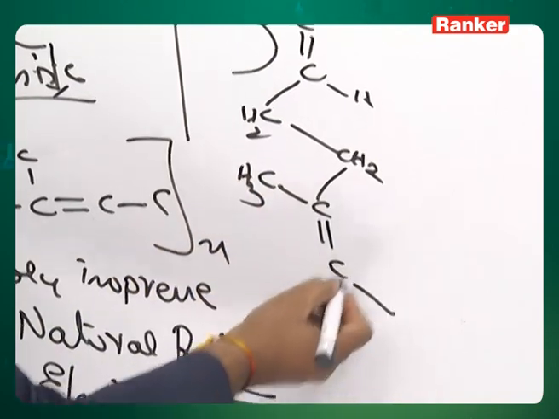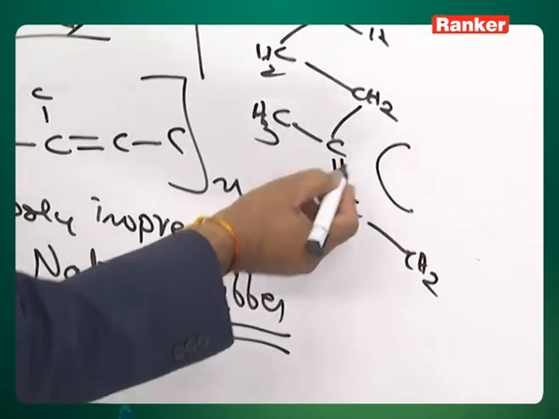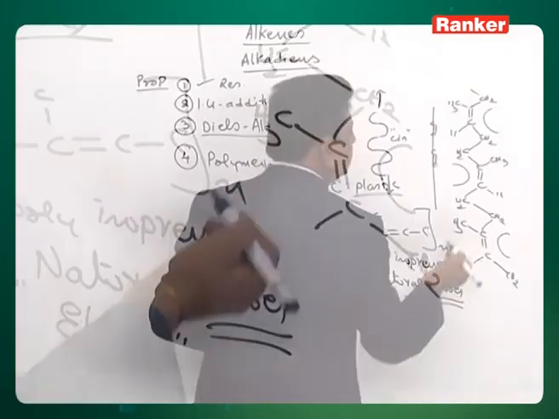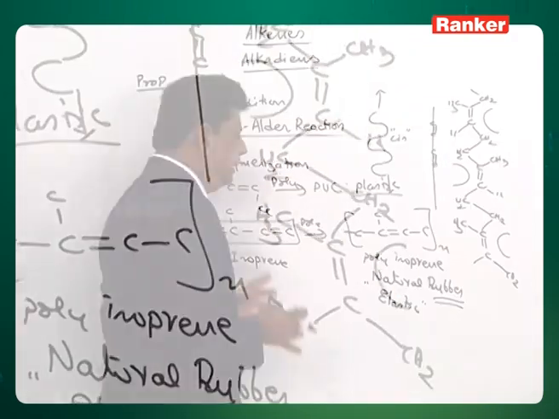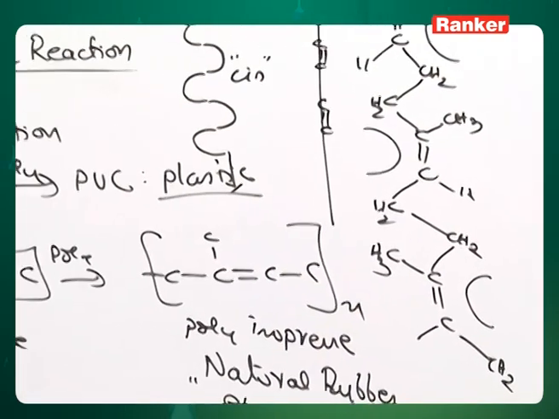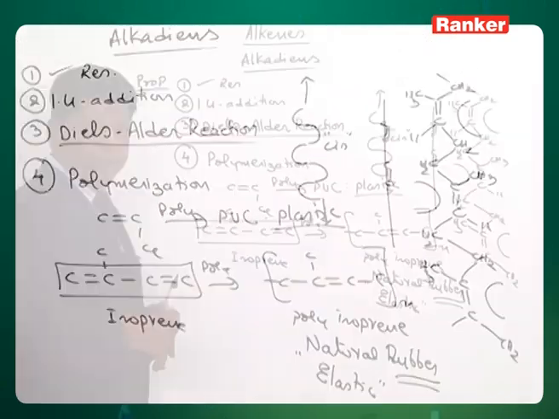So, like this, the cis configuration is repeated at every double bond. This double bond is cis, this double bond is cis. So, the all-cis isomer is natural rubber, in fact. If the cis symmetry is not there, the compound is no more elastic.